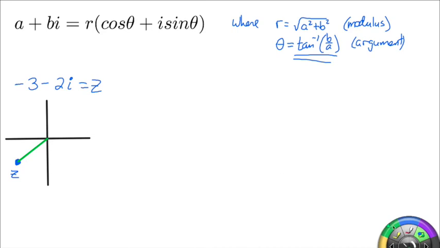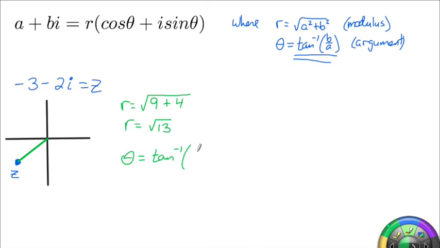That's not hard. That's going to be r equals the square root of the square of these numbers added together. So negative 3 squared and negative 2 squared. So the radius of this thing, or the modulus of this polar form, is square root of 13. But when I do tan inverse to find theta, I have to be careful because we're in the third quadrant, and tan inverse does not work in the third quadrant.